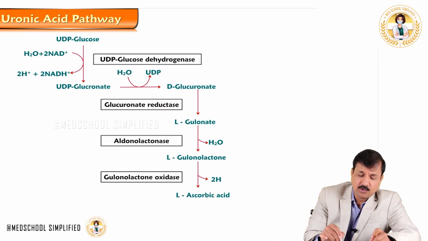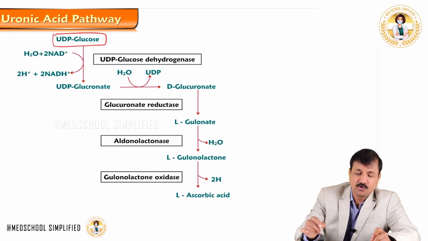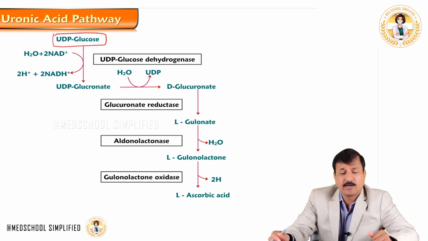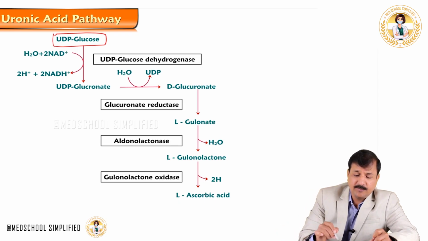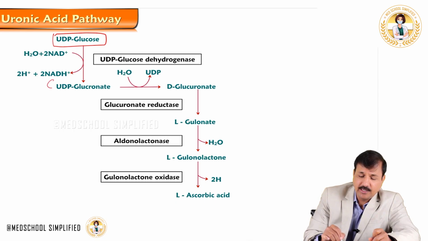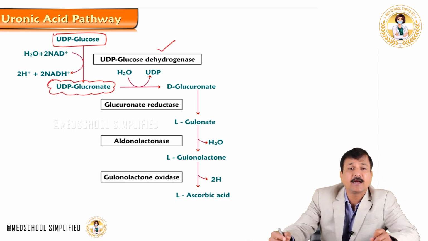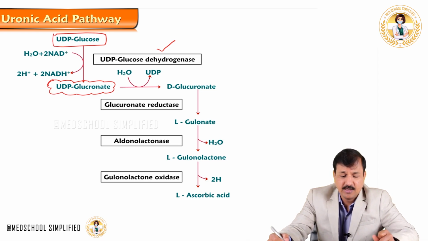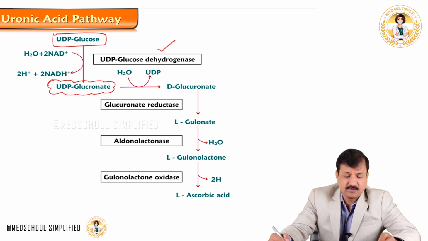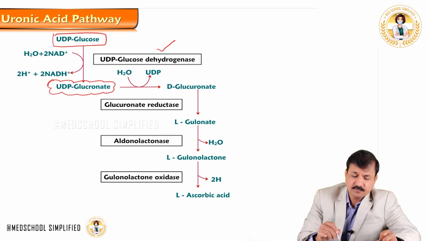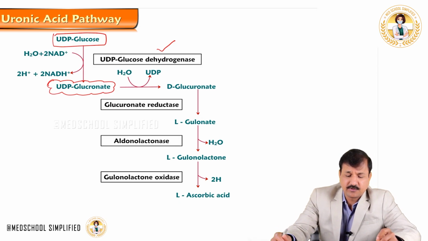Now the UDP-glucose, which is an active form of glucose entering into metabolic processes, is converted into UDP-glucuronate. This will be done by the UDP-glucose dehydrogenase enzyme, remember. So in this process, NAD is converted to NADH, while glucose is converted into glucuronate. So glucose is oxidized into glucuronate here.